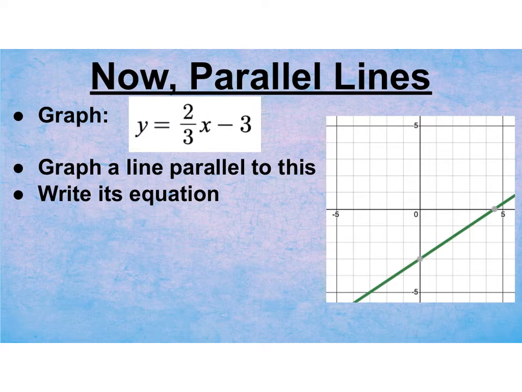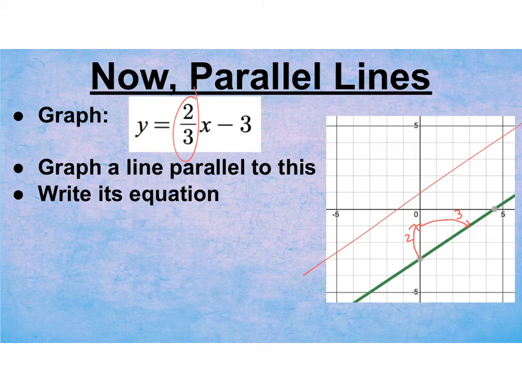So if we go back to the first one that we did, and now if I ask you to graph a line parallel to this, we've been drawing parallel lines in space. Now we're drawing parallel lines on a coordinate plane. So we noticed that we had the slope of 2/3. So I'm just going to go like this, 2 and 3. That's my movement, up 2 to the right 3. If I was just sketching it, I could go something like that, but we need to be a little more particular with it.